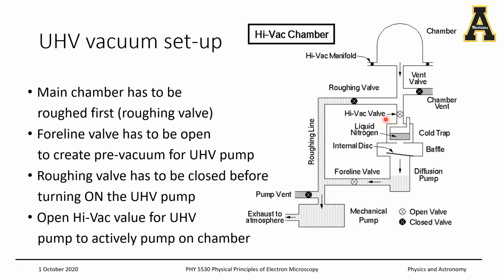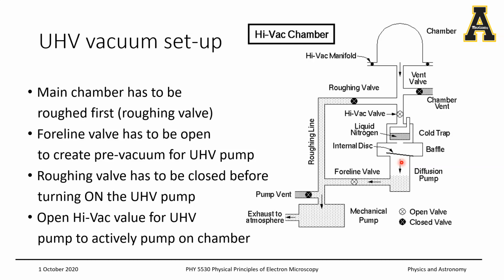And that is very, very important, because imagine if you were using an oil-based pump here and the roughing valve was open and so was the ultra high vacuum pump, then what would happen is, because the ultra high vacuum pump would eventually achieve ultra high vacuum, there is a possibility that it's going to suck out all the oil from your mechanical pump and then directly into the diffusion pump or your turbomolecular pump, and then completely ruin it. So things like those have happened in the past.